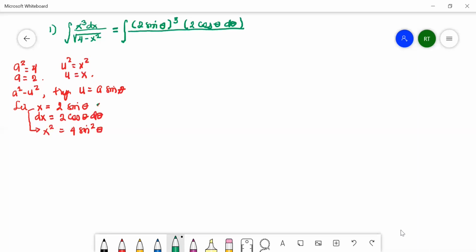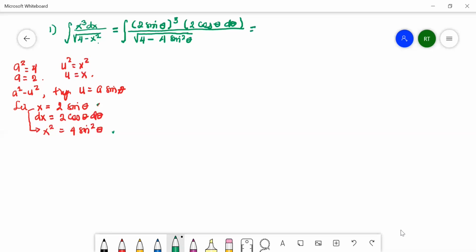The denominator is the square root of 4 minus x squared, and since x squared is equal to 4 sine squared of theta, we are going to replace x squared by 4 sine squared of theta. Of course, we need to simplify first the resulting integrand.